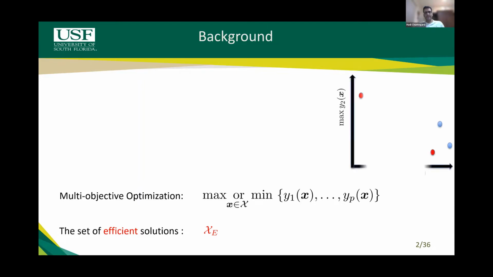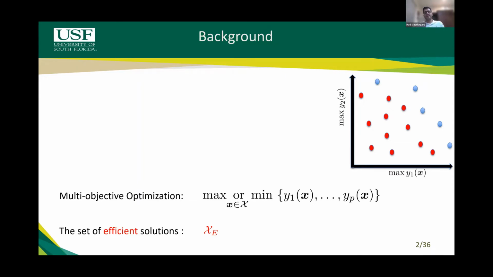As an example, if we have 2 objective functions that we want to maximize, let's map every single feasible solution into the space of objective functions. In that case, we get a picture like this.